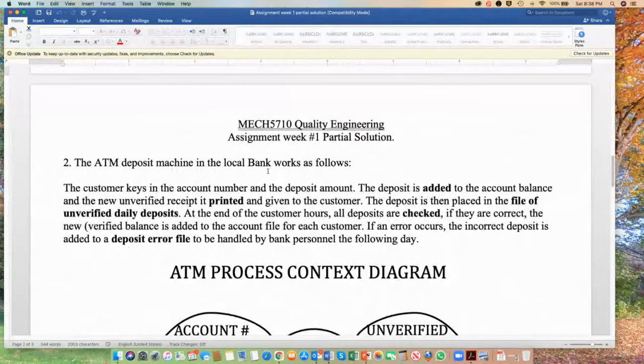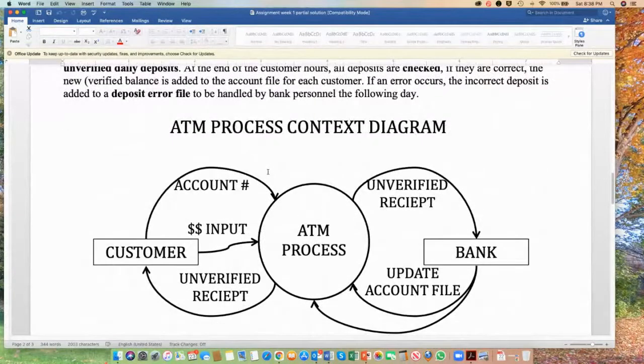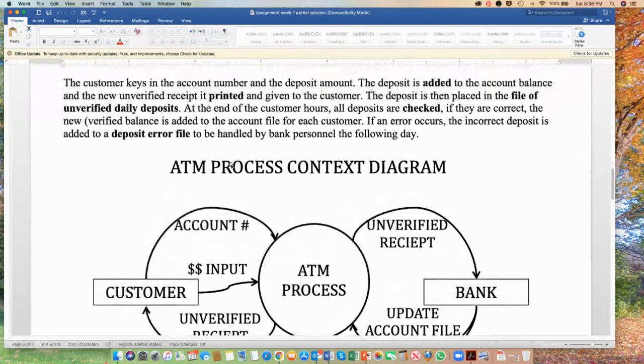The second problem is the ATM process. So how does an ATM process work? You put in a deposit and you say, I'm depositing $1,000. Well, how do we know that is true? Maybe you made a mistake. Then you get a receipt that says you deposited $1,000, but it sometimes has to be verified.